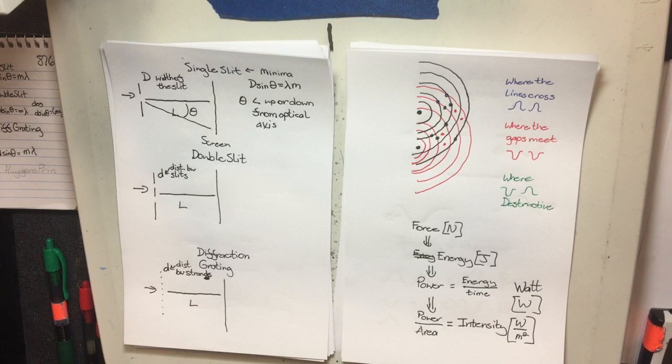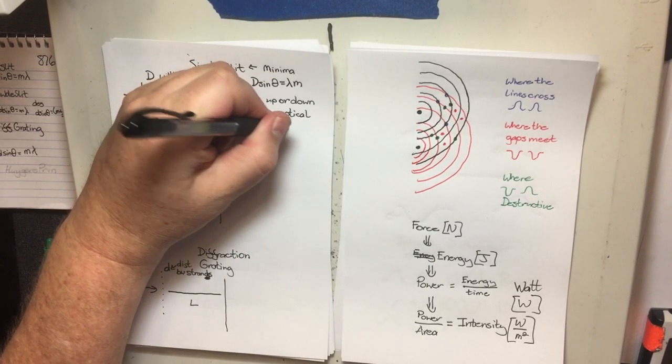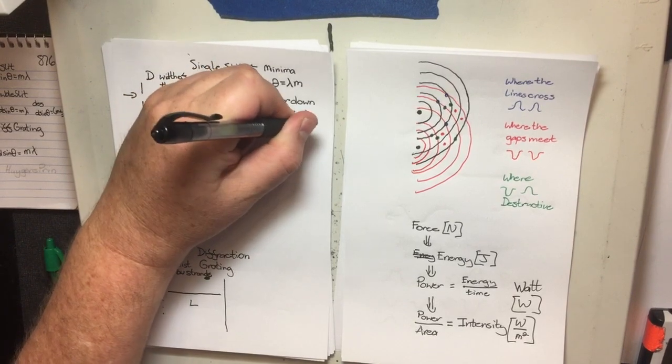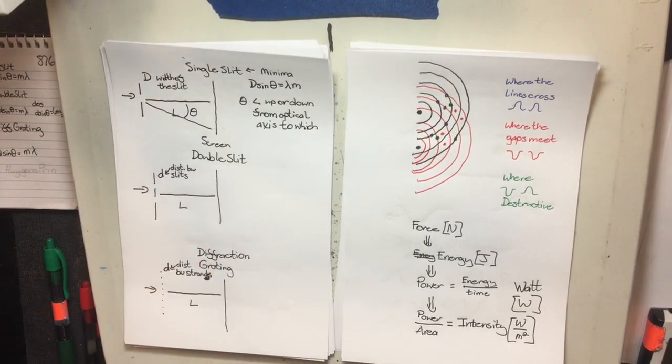Excellent question. It's the angle from the center down to whichever dark spot you're looking at. Once again, there are dumb questions, derpy questions, good questions, and great questions.